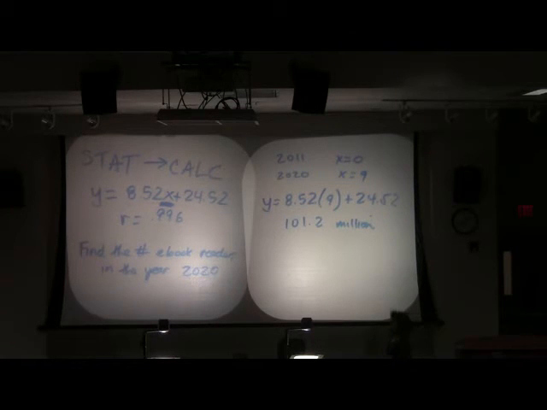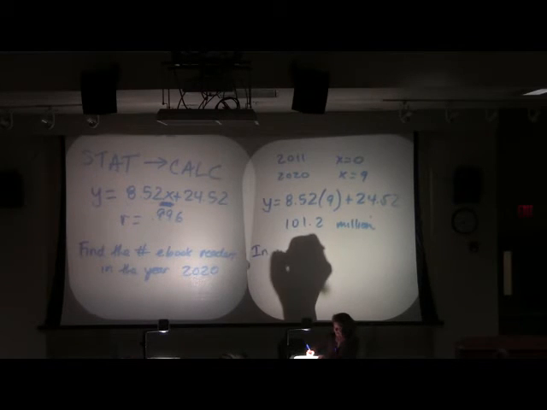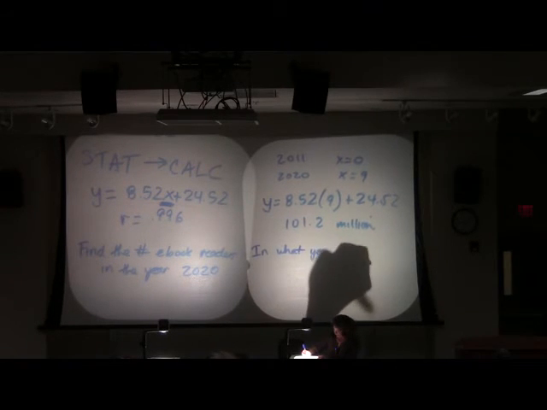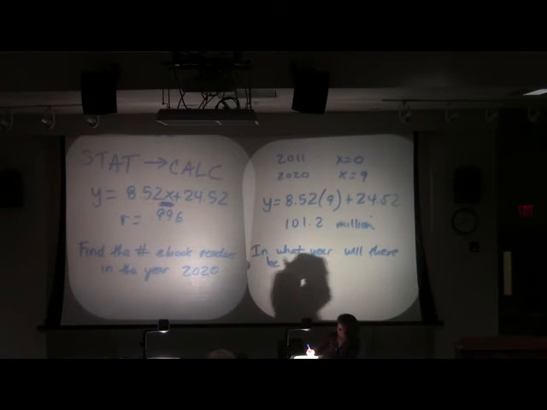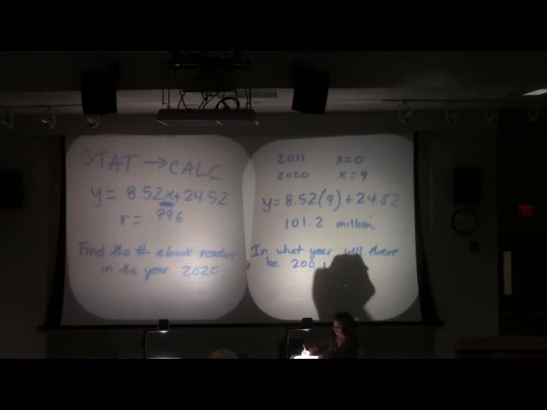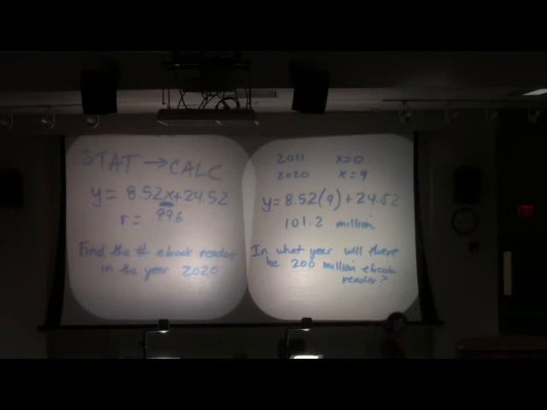All right. What if, on the other hand, I want to ask you, in what year will there be 200 million ebook readers? Now, going out this far, it's kind of nonsensical, you guys. I mean, because we're probably already at almost 2/3 of the U.S. population here.